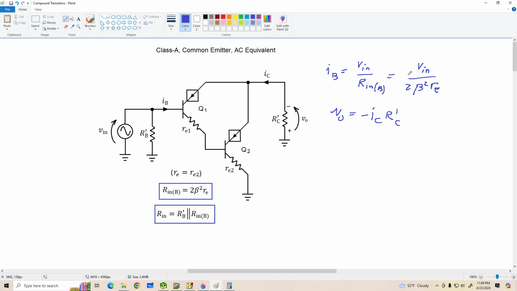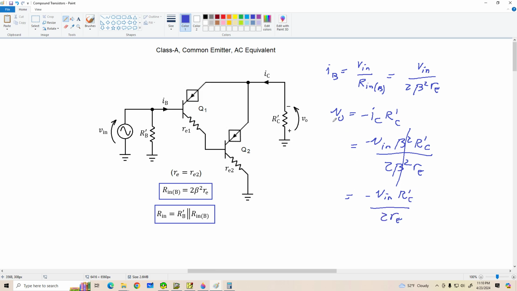So if we substitute beta squared times IB for I sub C, we get Vout equals negative Vin times beta squared times R prime C divided by 2 beta squared times little re. And the beta squareds cancel out. We get negative Vin times R prime C divided by 2 times little re.